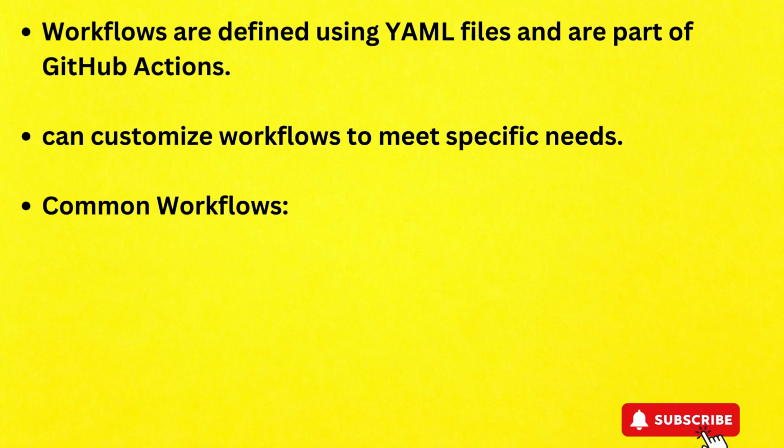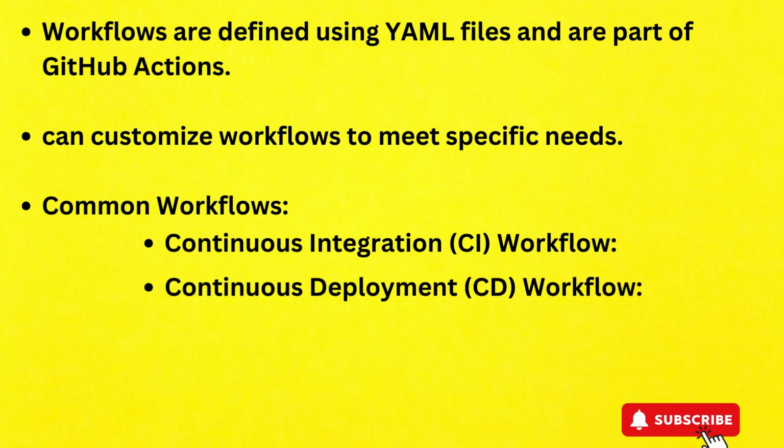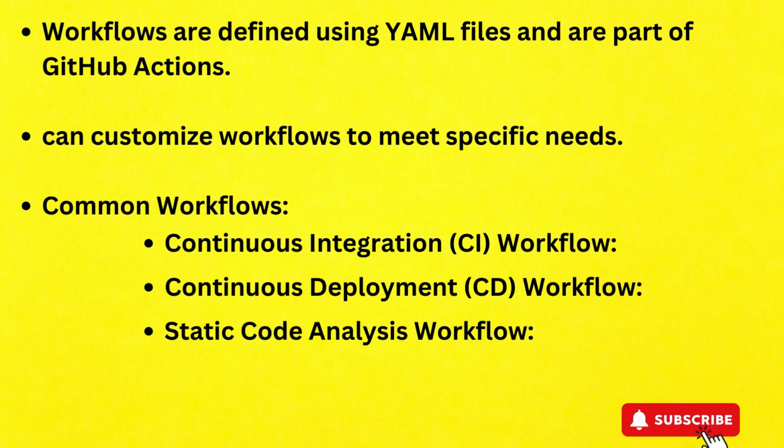You can customize workflows to meet specific needs such as running CI/CD pipelines, automating tasks, or managing your repository. The commonly used workflows are continuous integration workflow, continuous deployment workflow, that is CI/CD, then static code analysis workflow, scheduled jobs workflow.